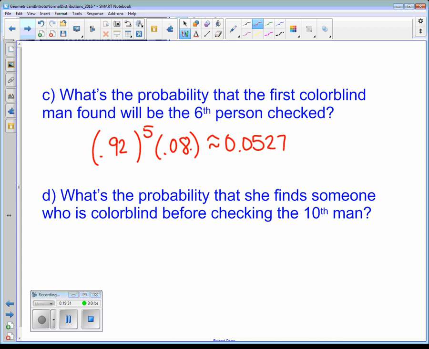Why is it geometric? My first success happens at some point, right? Okay. Now, key words here is before checking the 10th man, which means I could have found it on the first man, or the second man, or the 3rd, or the 4th, or the 5th, or the 6th, or the 7th, or the 8th, or the 9th.